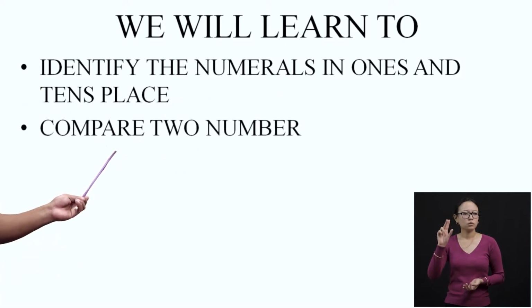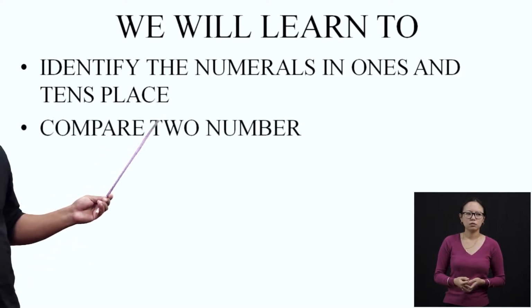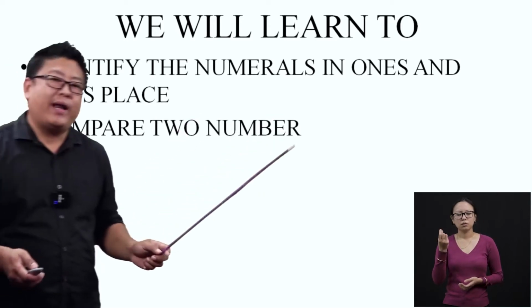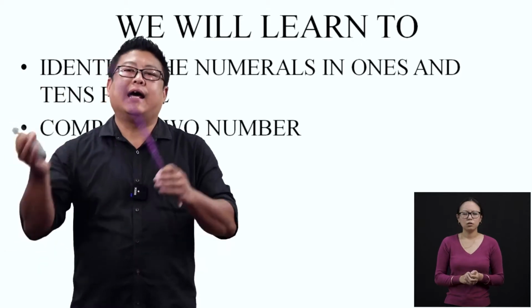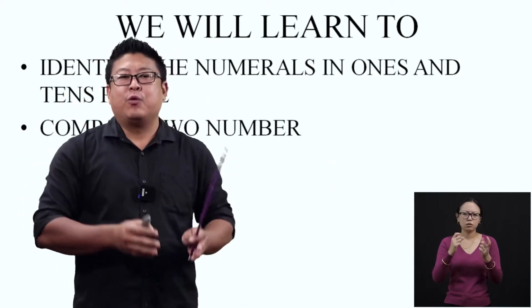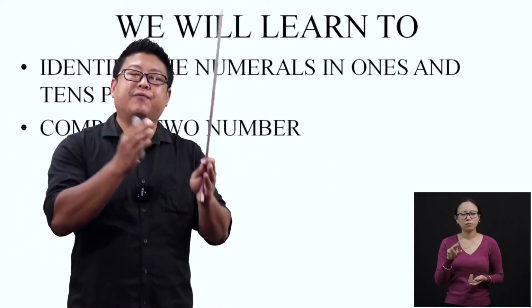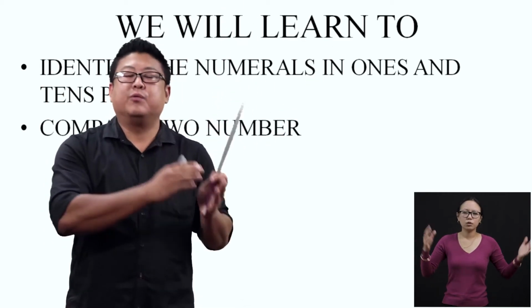That is, we will learn how to compare two numbers. Now when I say compare, we are going to look at the greatest number and the smallest number. Okay, we are going to try to differentiate and find out which is greater, which is smaller.